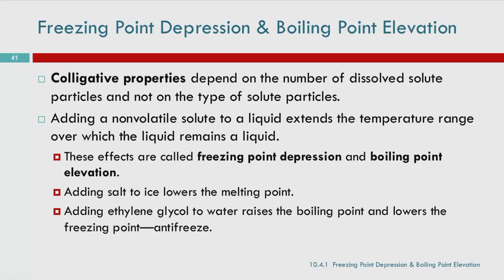So when things are mixed in solution together, these are properties that are caused by those interactions between the solute particles. Colligative properties are interesting because they depend on the number of dissolved particles and not on the type. It doesn't matter what the type of solute particle is, just how many you have.